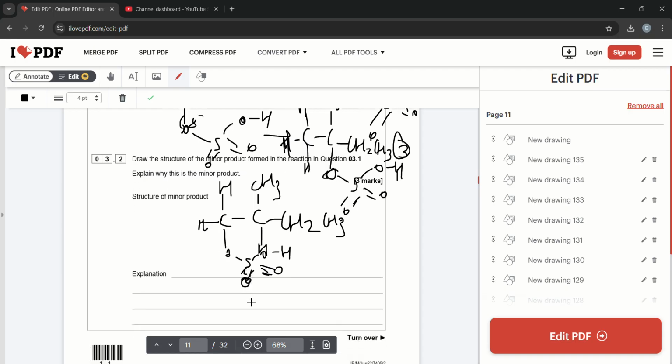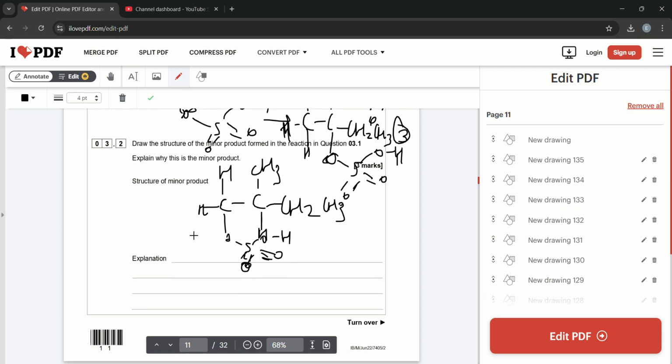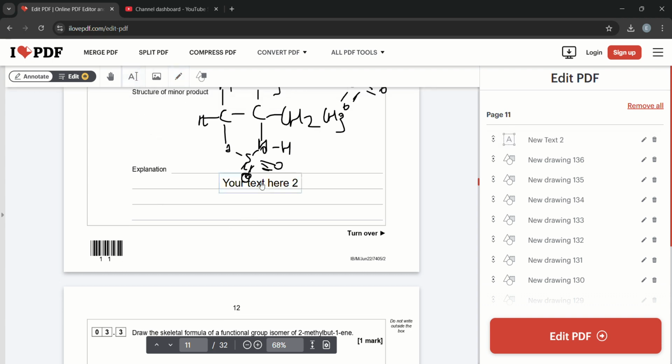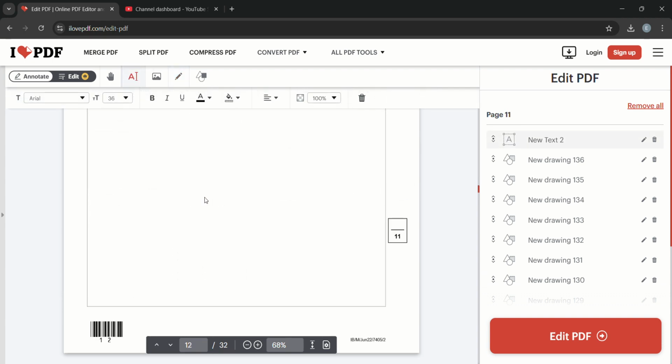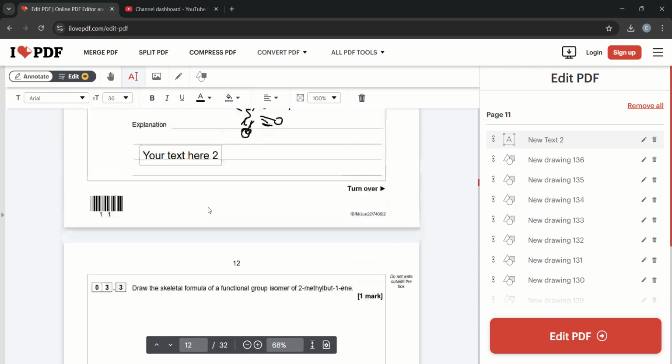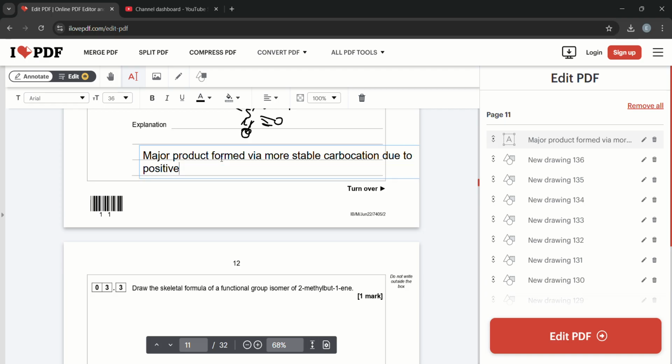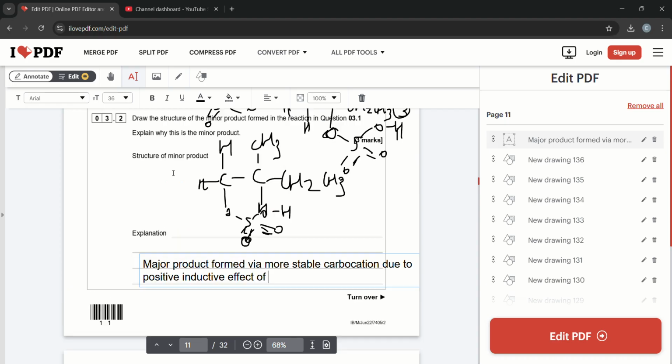Now, why is this a minor product? Because the major product is formed via a more stable carbocation. Why? Because of the positive inductive effect of how many alkyl groups.